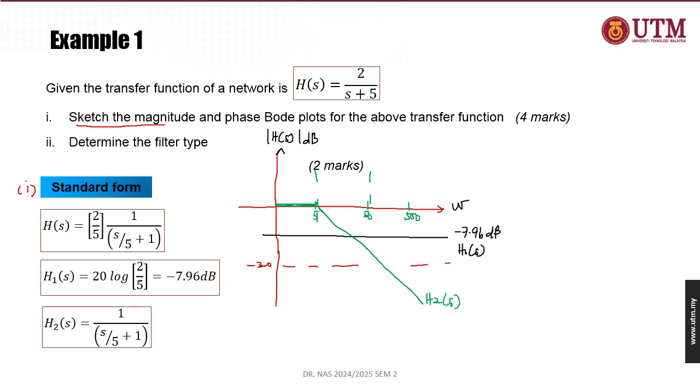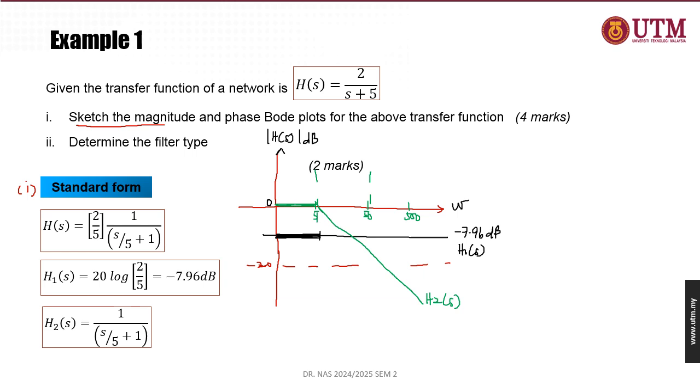Finally, you need to sum them up. So from 0 to 5, the magnitude is 0 plus negative 7.96. So it is negative 7.96 up to 5. And then from 5 onwards, the line drops down by 20 dB per decade.